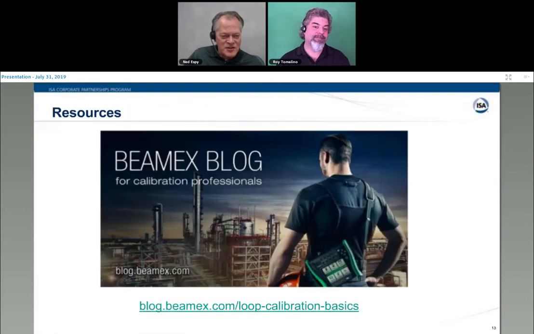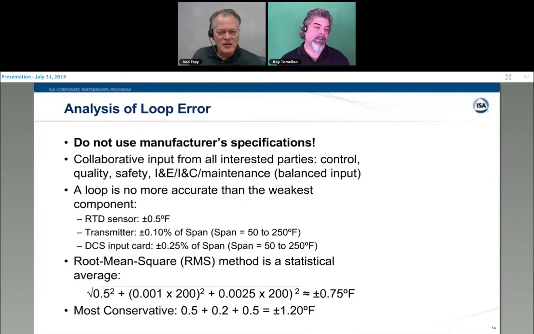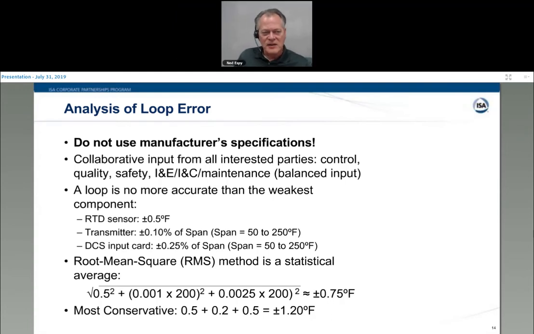All right, so I jumped a slide ahead. Here we go. So getting back to the slide deck. When you're doing loop testing, what kind of tolerance should you use? I'm not trying to pick on the manufacturer, the vendor of the equipment, but you don't necessarily want to use manufacturer specifications. You can use them as a guide.